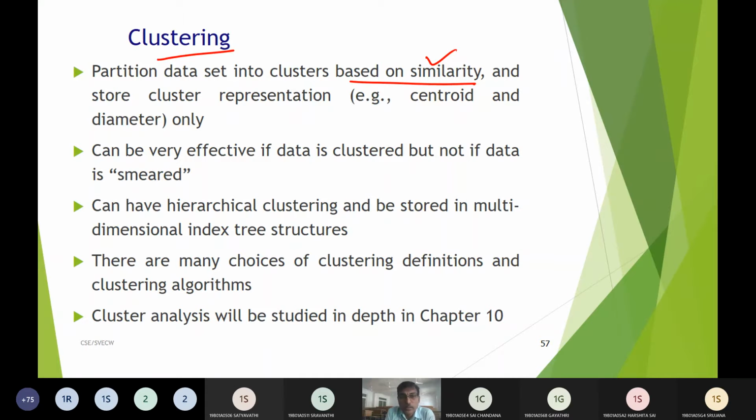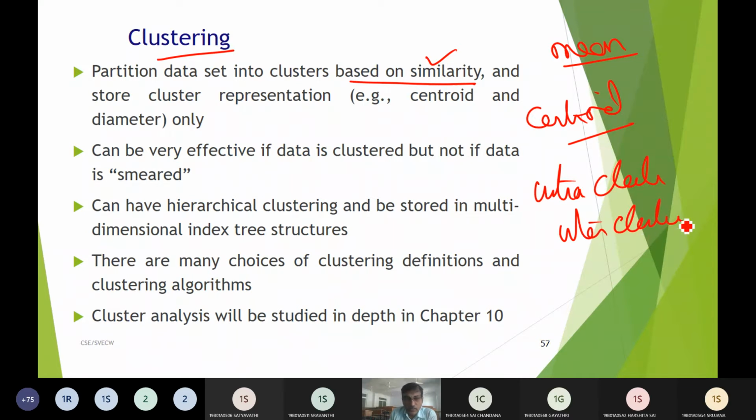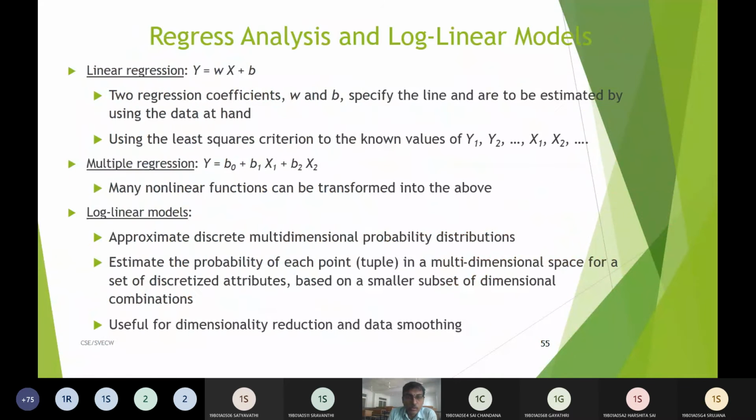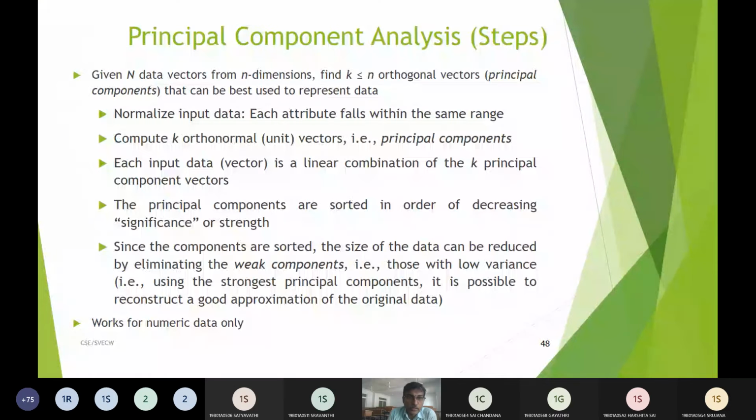Mostly we will compute the centroid, the mean value, and thereby compute the intra-cluster and inter-cluster content, and that data we are going to project, which we call clustering. Okay, fine, we will look at what we have done for today.